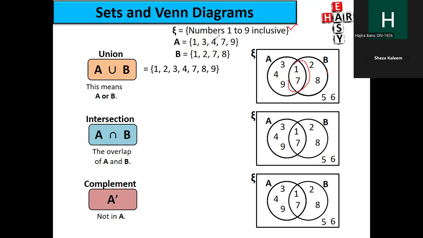Like here, if you see, A and B have 1 and 7 in common, so they overlap, and 1 and 7 is written here. Then the rest of the members of A are written in A, and the rest of the members of B are written in B. If you see here, there are two members in the universal set which are not a part of A and B both, so they are written outside. Got it?